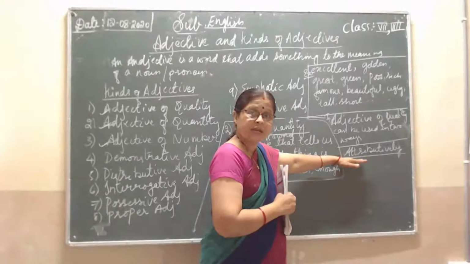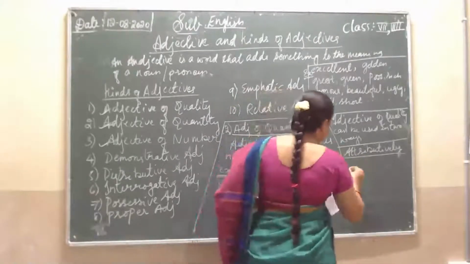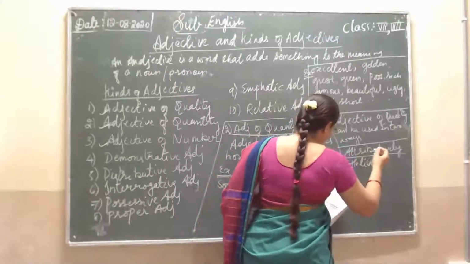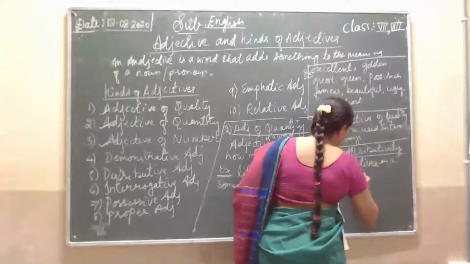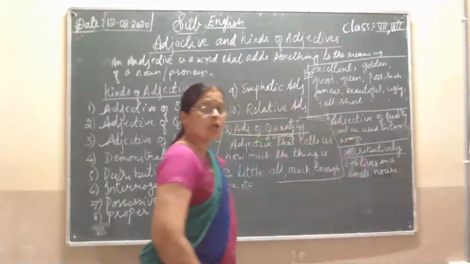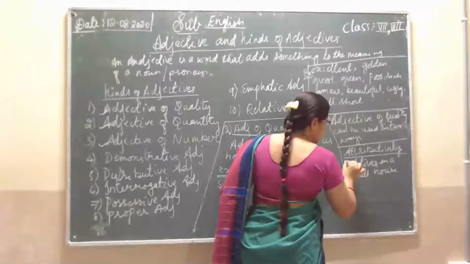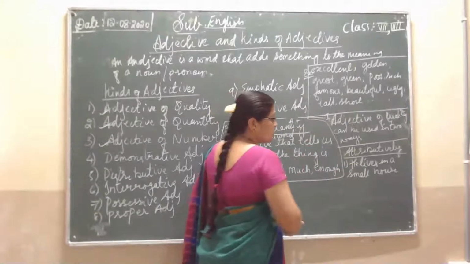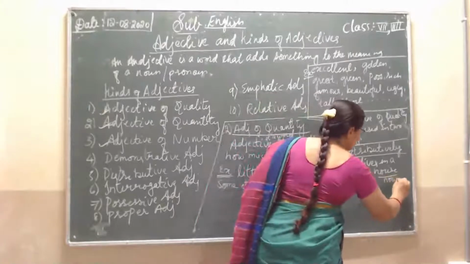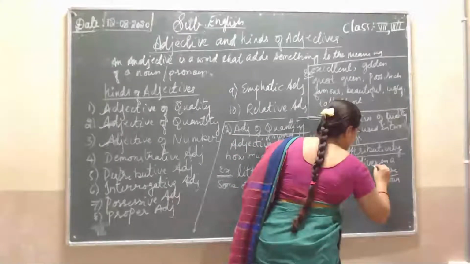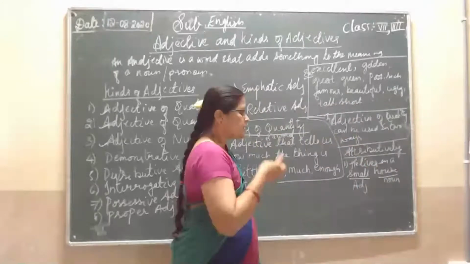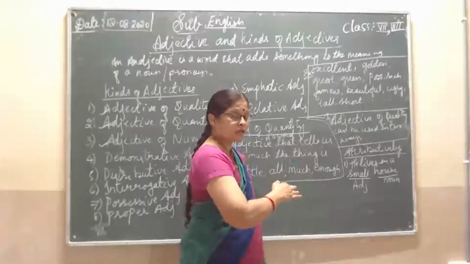I'll give some examples for this kind of sentence here. First sentence is: He lives in a small house. You can see the adjective is small and house is a noun here. This is the adjective of quality and this is a noun. You can see the adjective is just before the noun here.